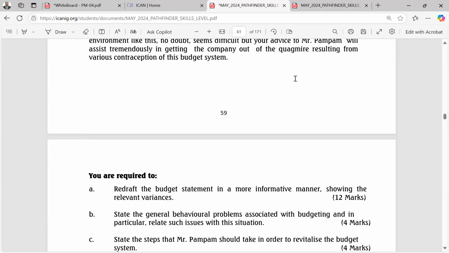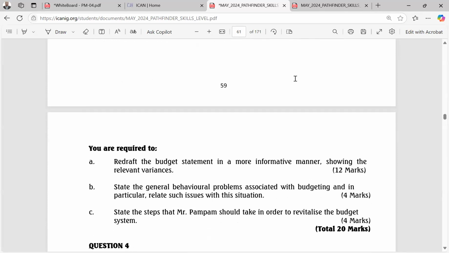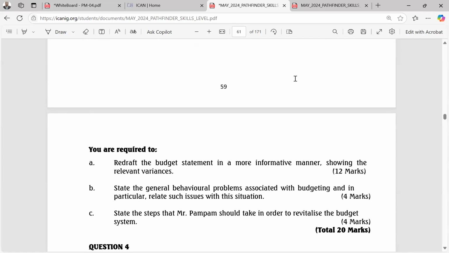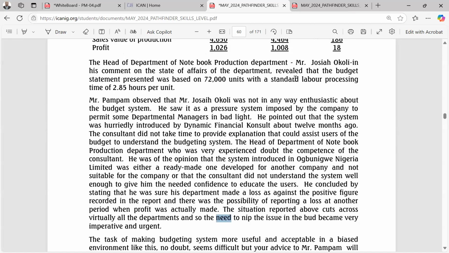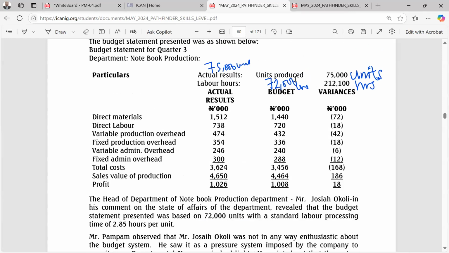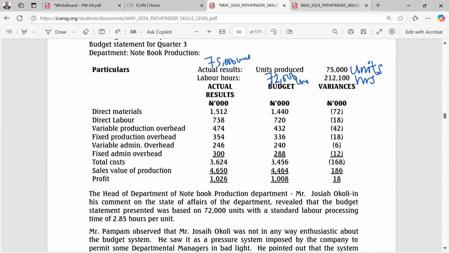Now, you are required, the part we are so interested in is the A part, to redraft the budget statement in a more informative manner showing the relevant variances. So what it means is that these variances are not relevant. We need to do it in a more informative manner.